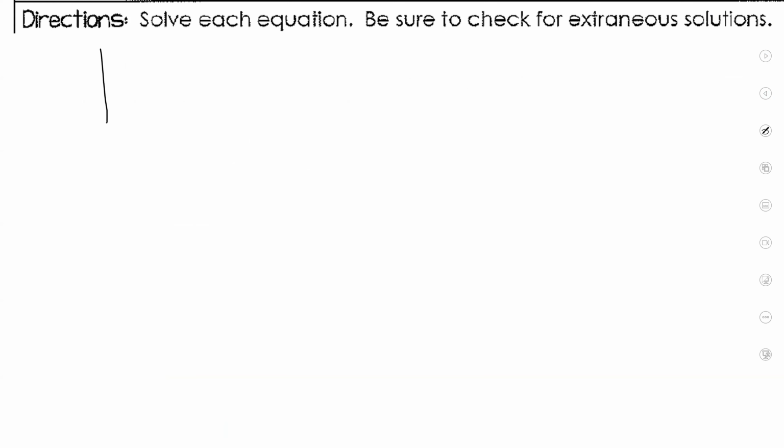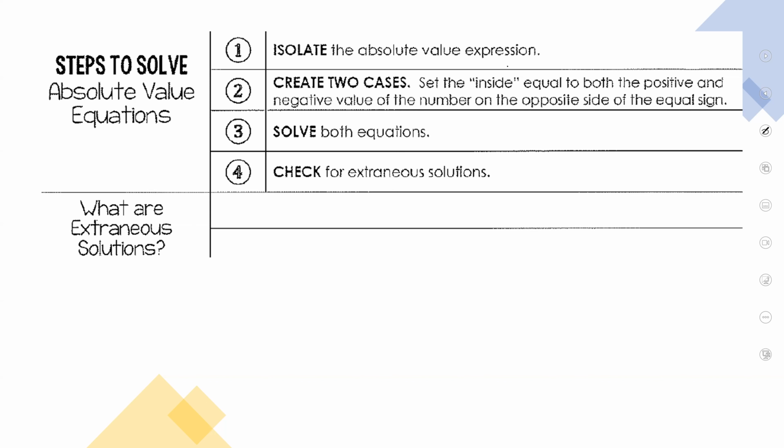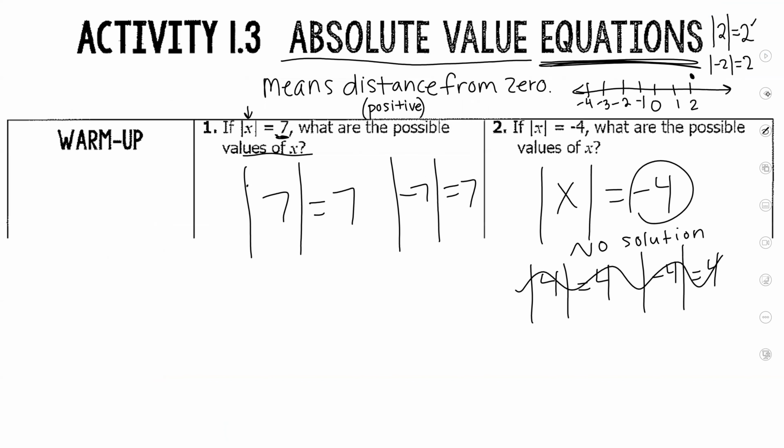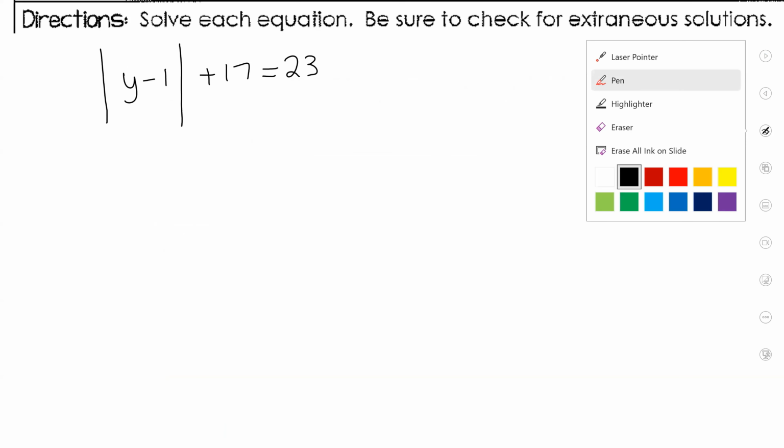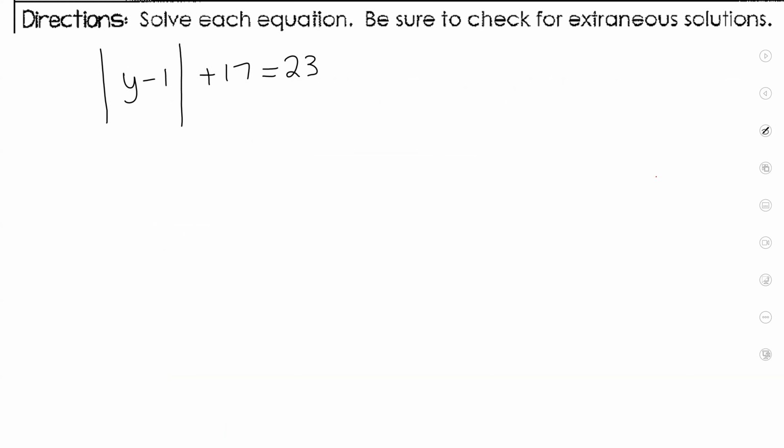Number 5 looks like this: the absolute value of y - 1, plus 17 equals 23. Step number 1 is to isolate the absolute value expression. Right now, this absolute value expression is not isolated.